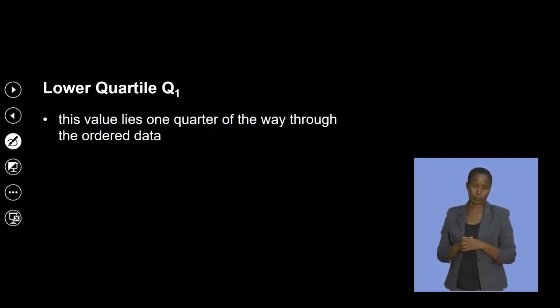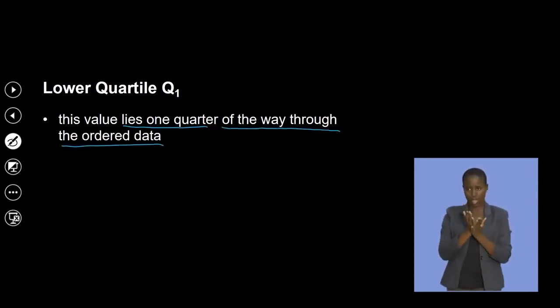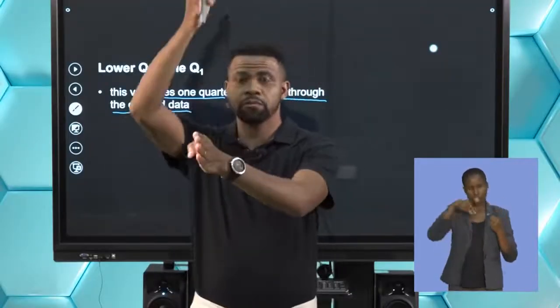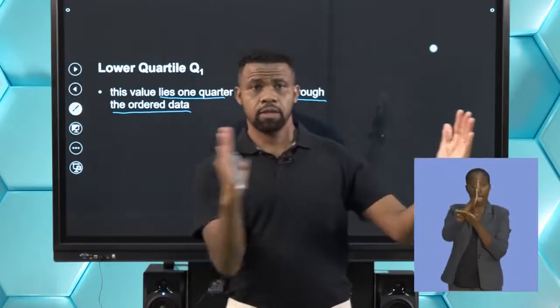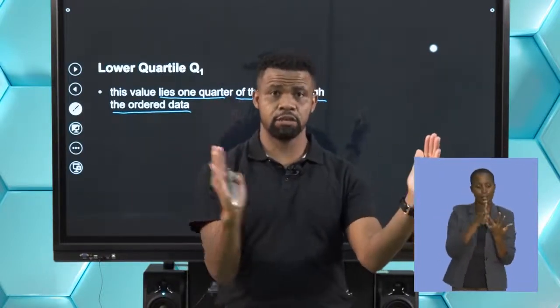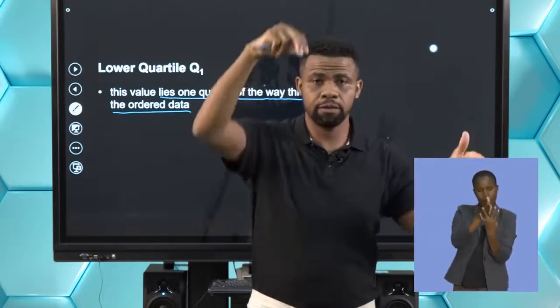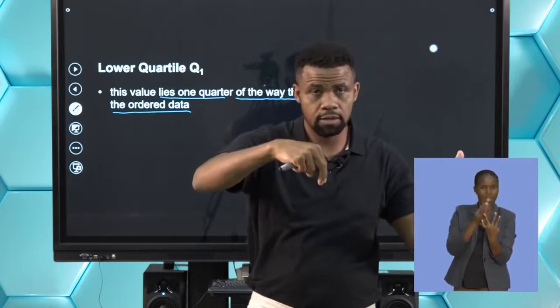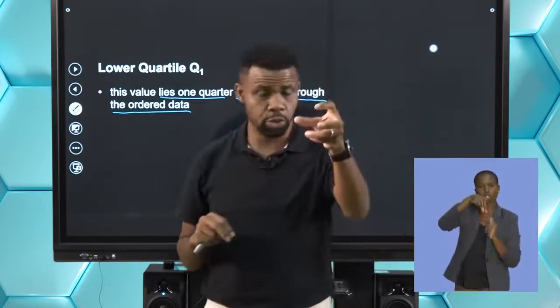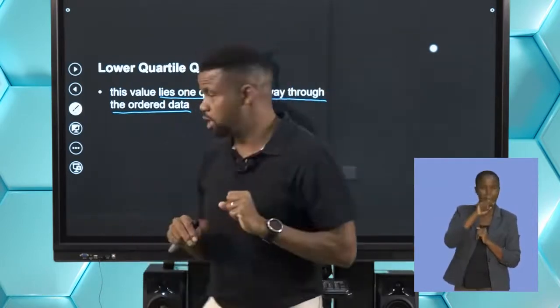The lower quartile, which is Q1, lies 1/4 of the way through the ordered data. Also, if you find the median, which is half, then this data is 50% of the data. Then you find the middle of the first half. That will give you the lower quartile, or Q1.